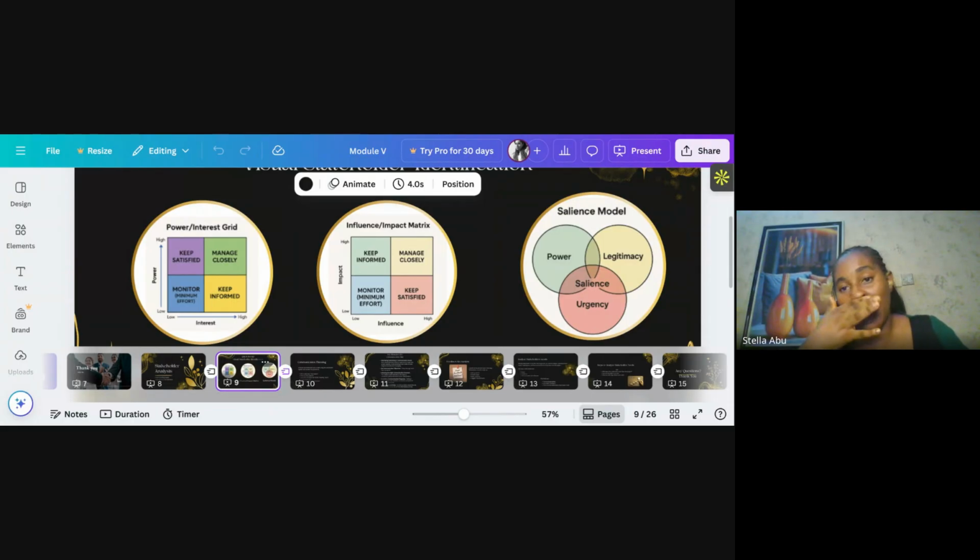And then there are some who don't have power, but they are interested, right? And there are some who don't have anything. They don't have power at all, which we spoke about as customers, but they also have interest because that's the project you're working on. I know it's a whole lot of things discussing stakeholders, but I also need you to have that idea in mind so that you'll be able to, what's the word?